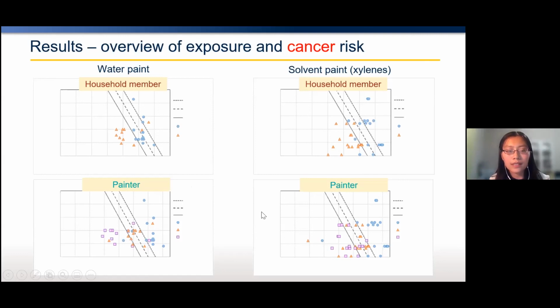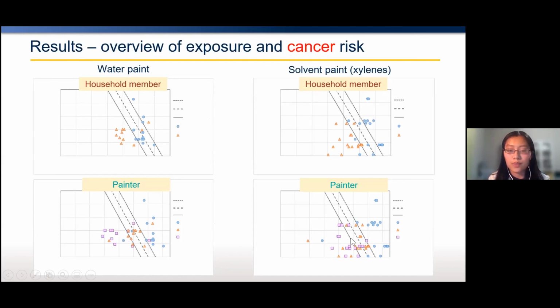So we can see that the exposure and risk are dominated by inhalation. For the household member, only a few chemicals exceed the risk level of 10 to the minus 4 in water paint, but more than 10 chemicals exceed this level in the solvent paint.